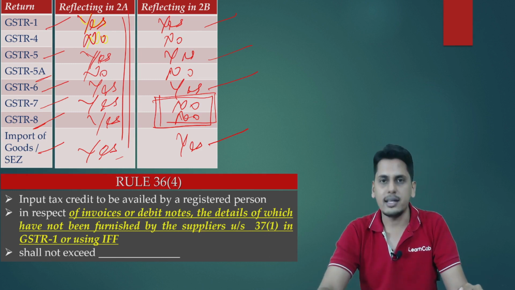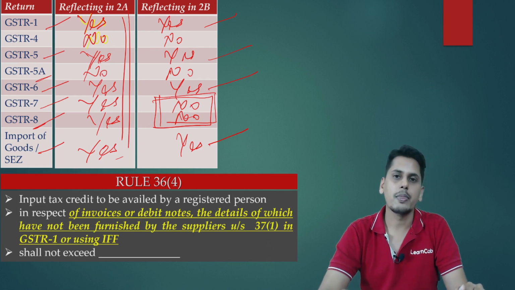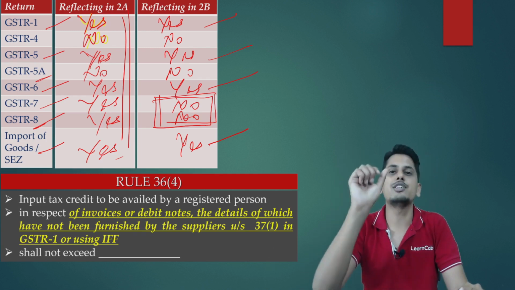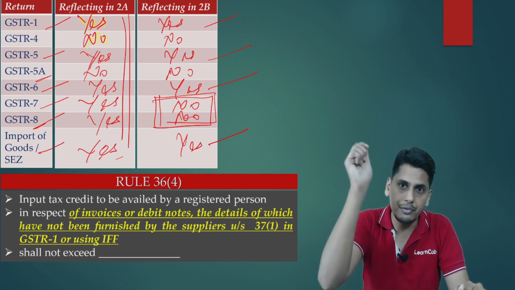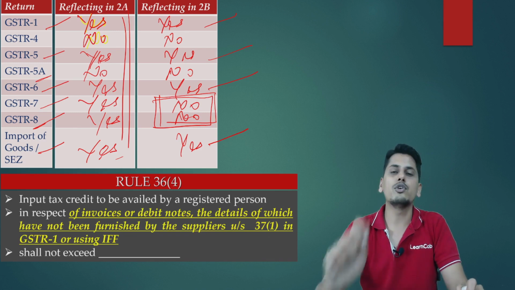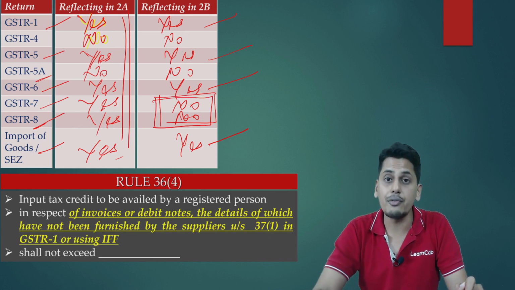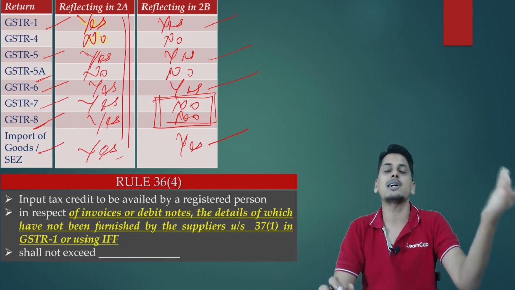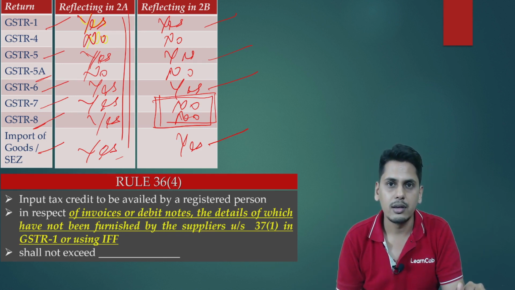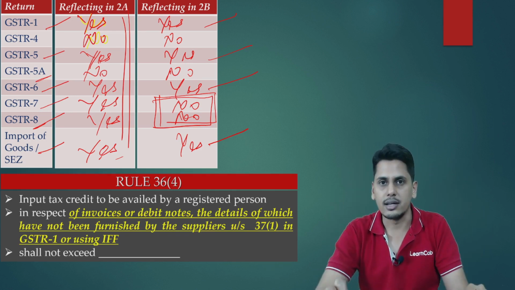Can I take input tax credit? Next, a particular entry is not reflecting in my GSTR-2B, the source of which is importation of goods or purchase of goods from a special economic zone based on a bill of entry, where the data is transmitted from the customs server to the GST server. That transmission has not happened. Can I take input tax credit?